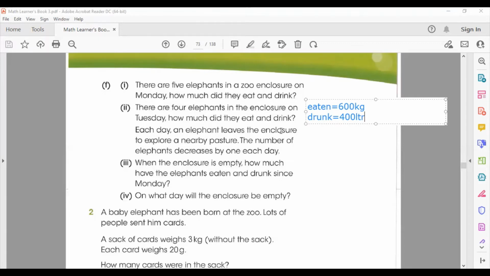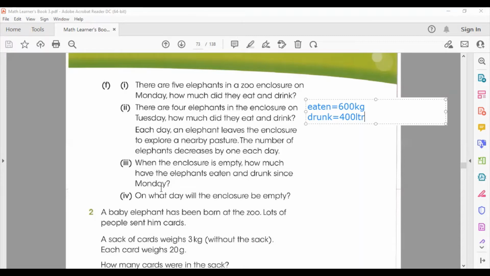Each day an elephant leaves the enclosure to explore a nearby pasture. The number of elephants decreases by 1 each day. When the enclosure is empty, how much have the elephants eaten and drunk since Monday?